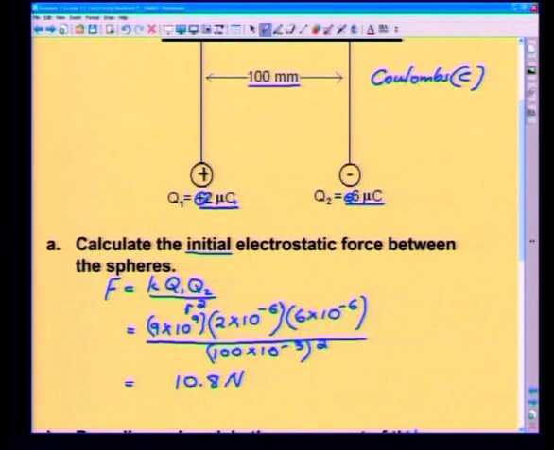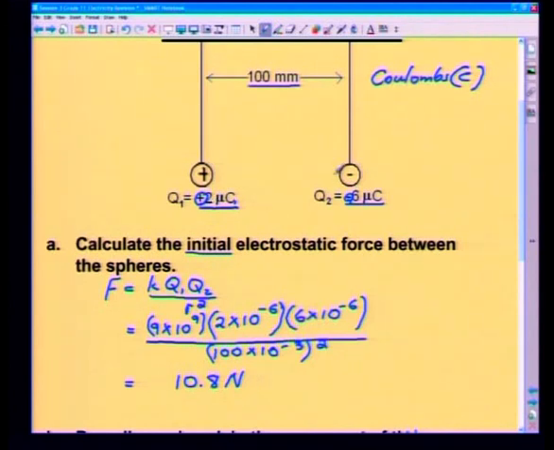But then another thing here is that we need to bring in direction because force is a vector quantity. Now, let's find out what's happening here. We have got a minus and a positive. These are positively charged and negatively charged particles that are hanged 100 millimeters away from each other.